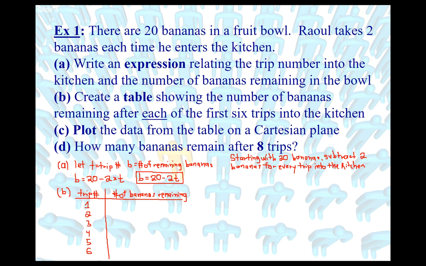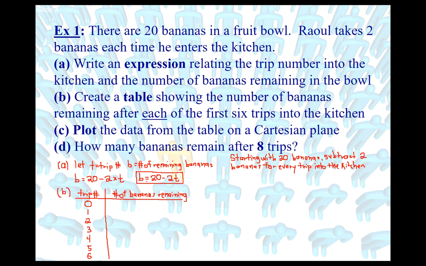Actually, I'm going to start over again here. I want to include trip 0, which means that we haven't made a trip into the kitchen yet. So let's do 0, 1, 2, 3, 4, 5, and 6.